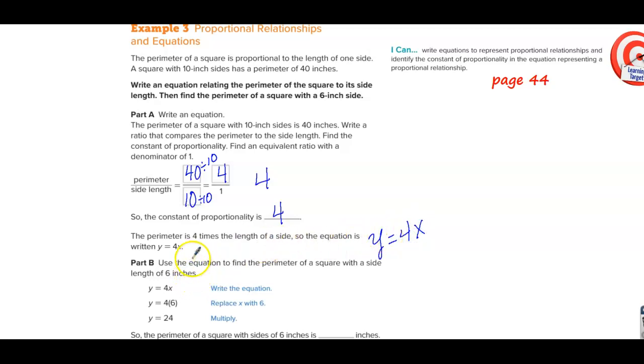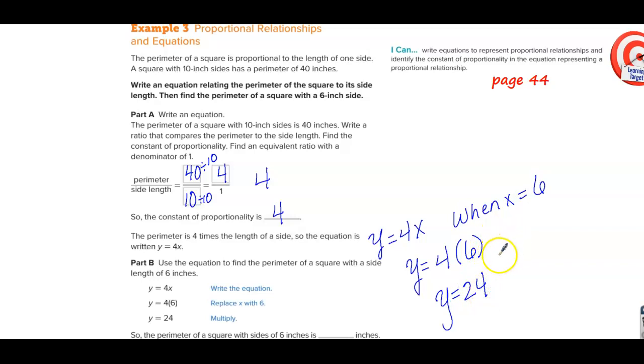Now they're saying, use the equation to find the perimeter of a square with a side length of 6 inches. So they're saying, when x is 6, what's y? Well, we take the x out and we put 6 in. Now you'll notice I wrote it like this so that I'm multiplying 4 and 6 together. 4x is 4 times whatever number x is. 4 times 6 is 24.